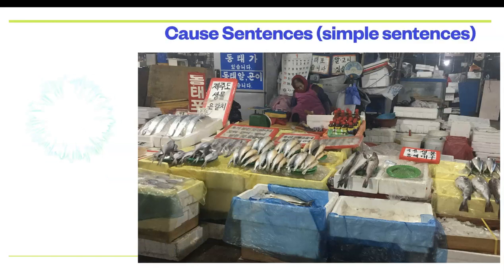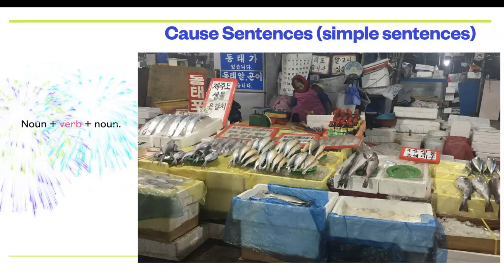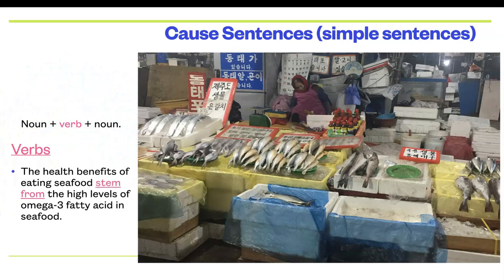The second example we have of a simple sentence for cause is a noun, verb, and noun. For example, the health benefits of eating seafood stem from the high levels of omega-3 fatty acid in seafood. So we have a noun phrase, health benefits of eating seafood. We have the verb, stem from, and then we have another noun phrase, the high levels of omega-3 fatty acid in seafood.